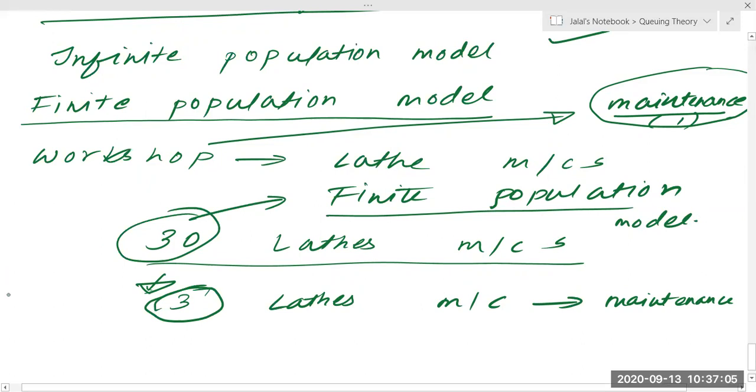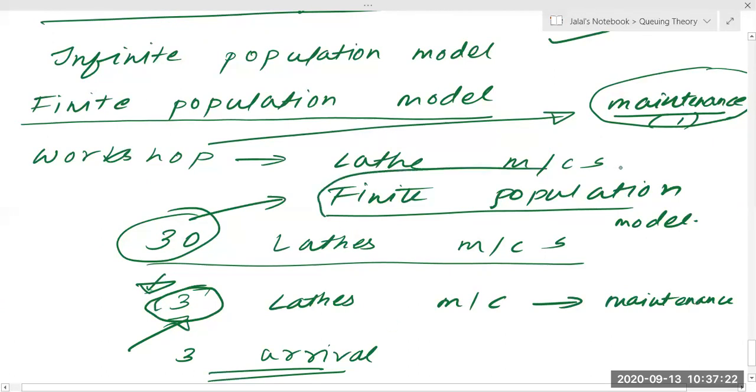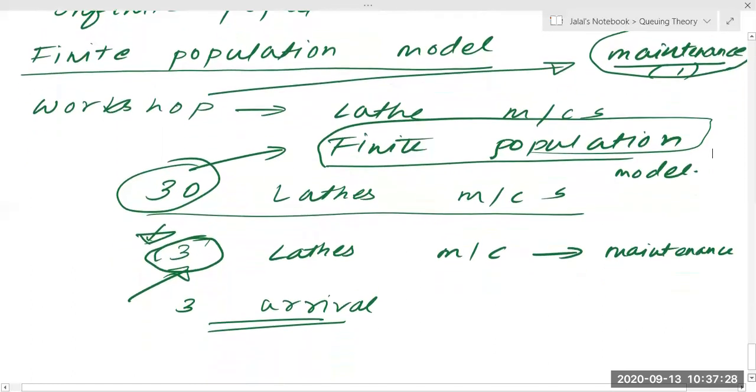In the queue there will only be those who require services. How many machines require services? 3 machines. So arrival is only 3, but the population is finite. So this kind of model is called a finite population model. Is it okay? Yes, sir.